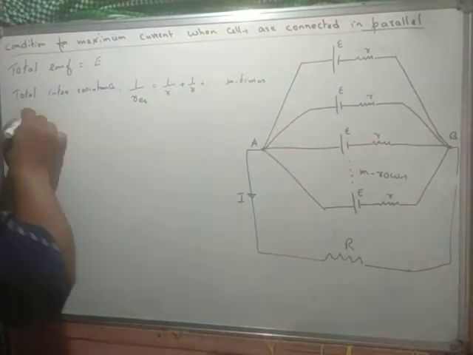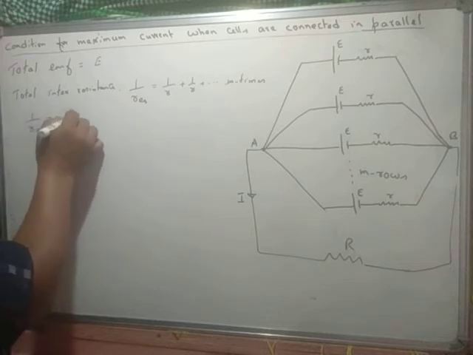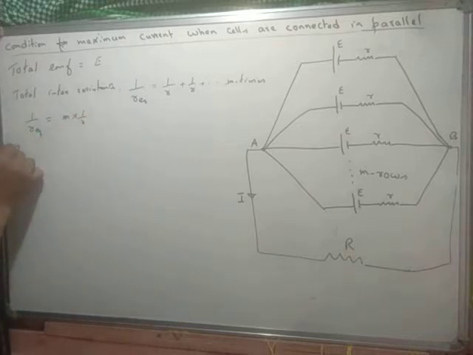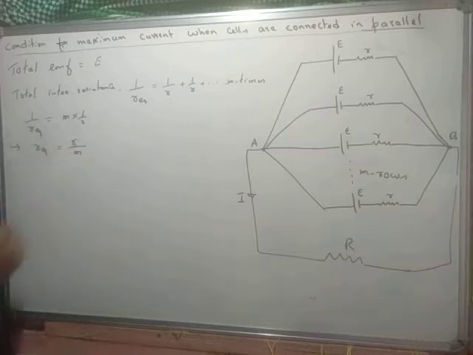So 1 upon r equivalent is equal to m times 1 upon r, or simply r equivalent is equal to r upon m. This is my equivalent resistance and this is my total EMF.